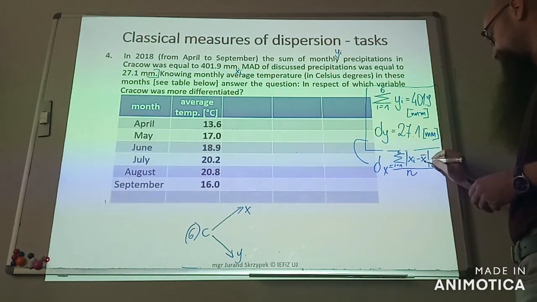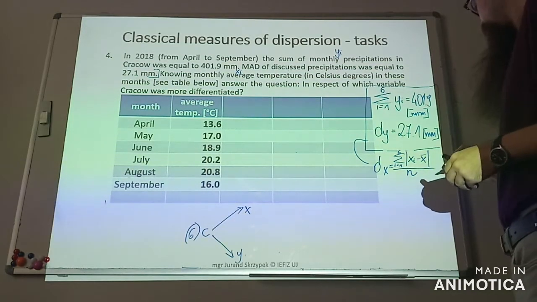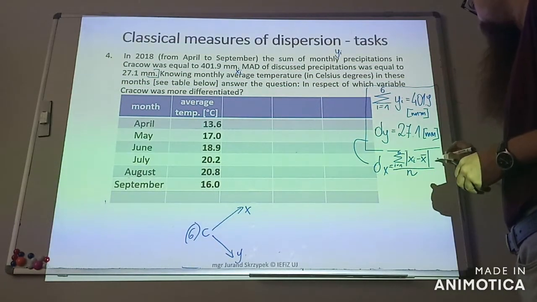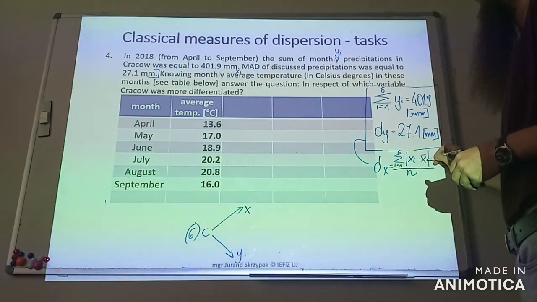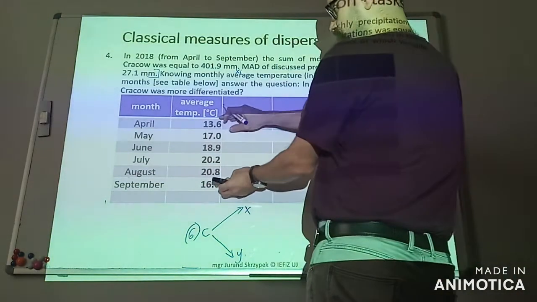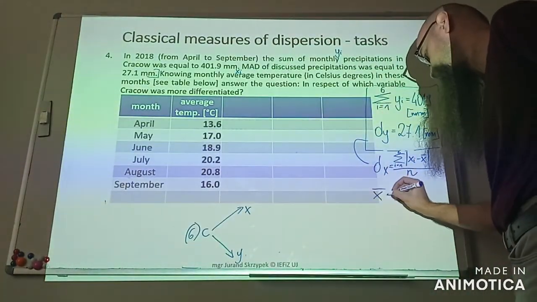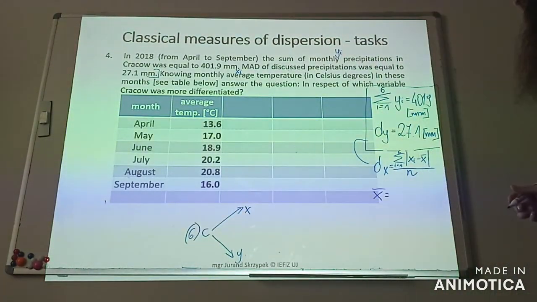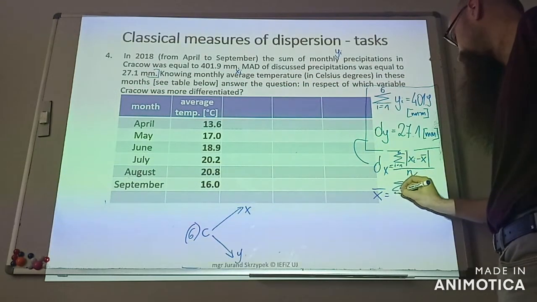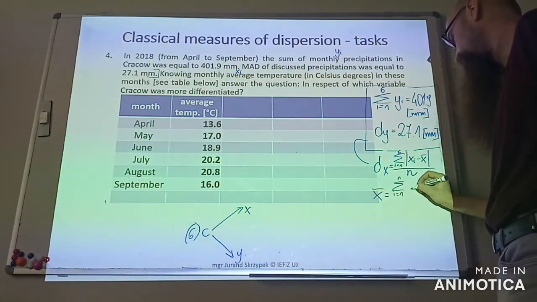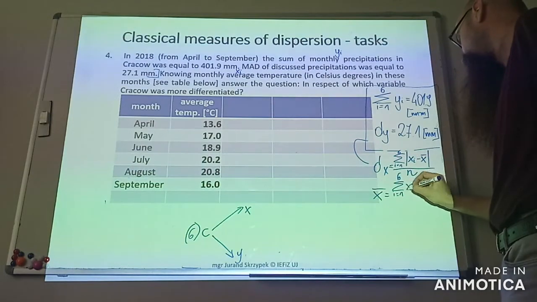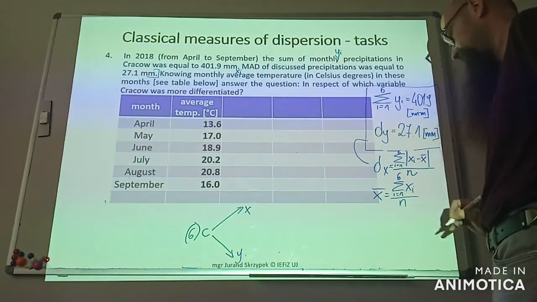But I don't have any information about the mean monthly average temperature in that period. So first of all, I should compute mean x. Mean x is the sum from i equals 1 up to 6 of xi divided by n.